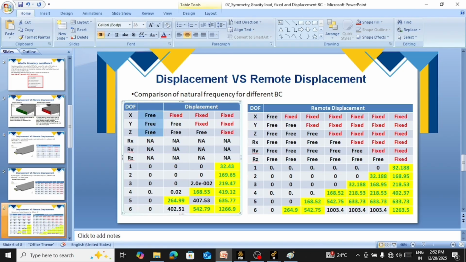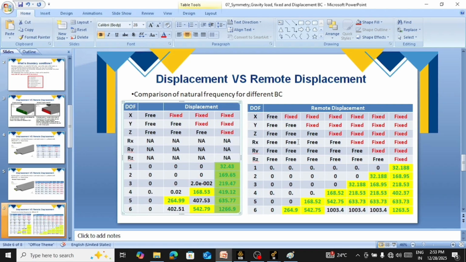If you have all degrees of freedom free initially, in both the displacement and remote displacement cases, the modal analysis results are 0, the same. Now in the case of displacement, if you make only x fixed, we have 2 non-zero values. If you fix xy, we have 3 non-zero values, and if you fix xyz, we have all 6 non-zero values.